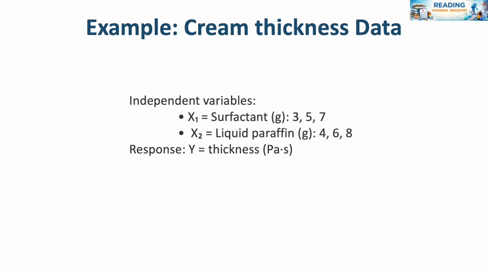Let's work through an example with the cream formulation. So our independent variables are x1, which is the surfactant amount in grams, with levels 3, 5, and 7 grams, and x2, which is the amount of liquid paraffin, also in grams, with levels 4, 6, and 8 grams.